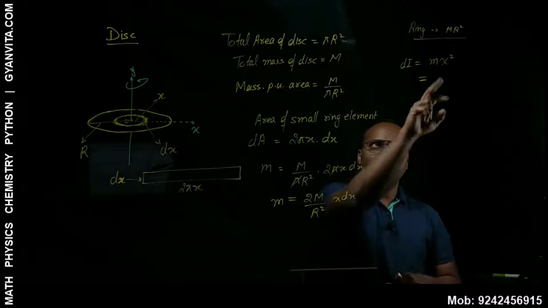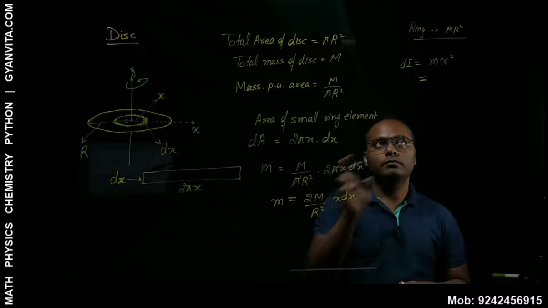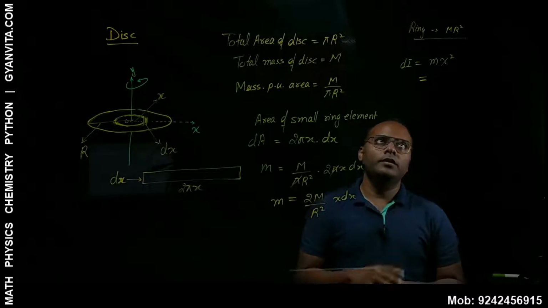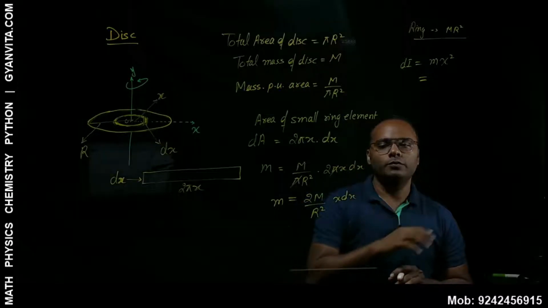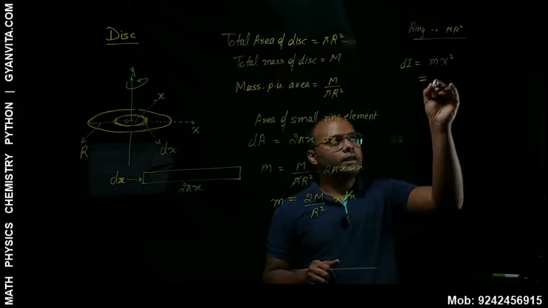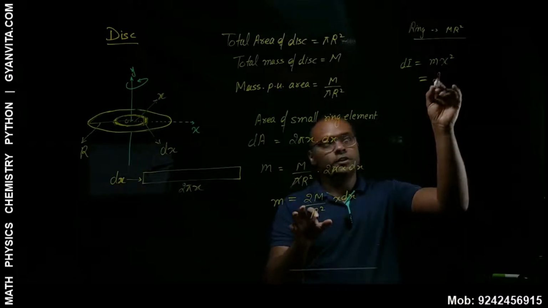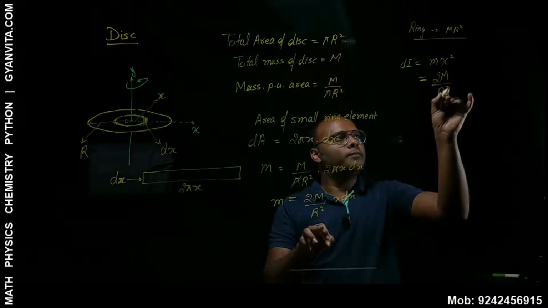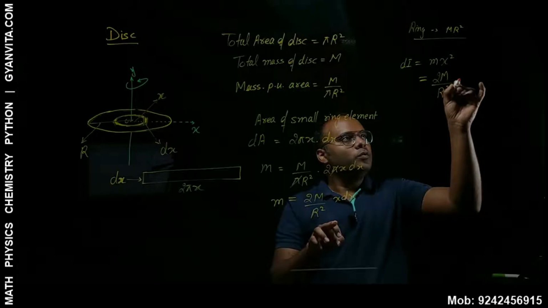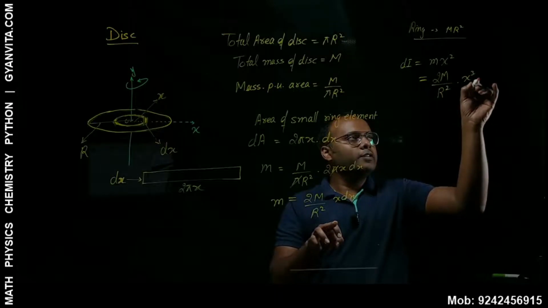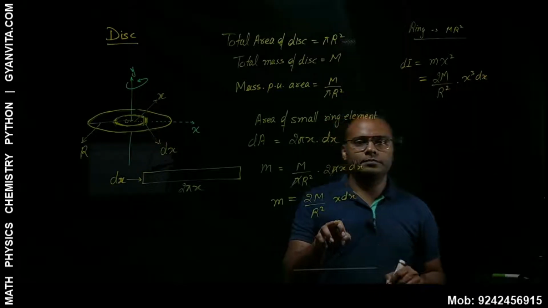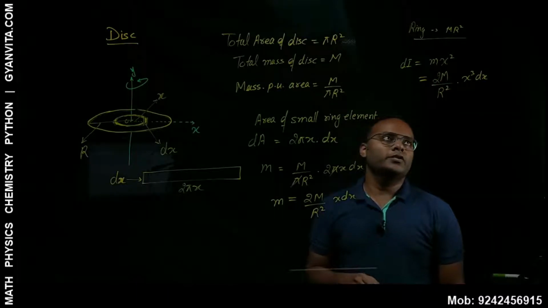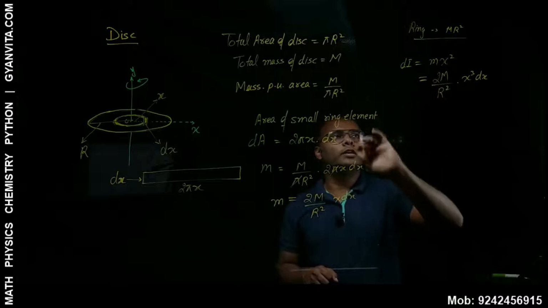So if I substitute here, I'll get this dI in terms of only x, and all others will be constant, only x will be the variable. So just write the expression for mass, that is 2m divided by r square into x dx. So this will become x cube dx. So 2m divided by r square into x cube dx, that is what dI is.